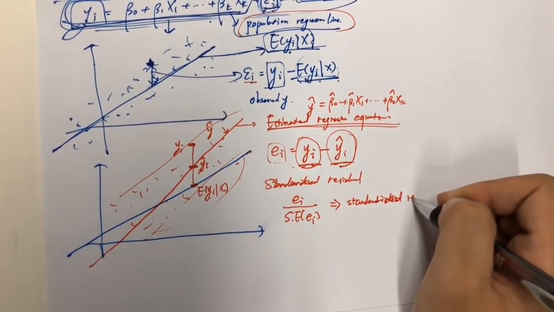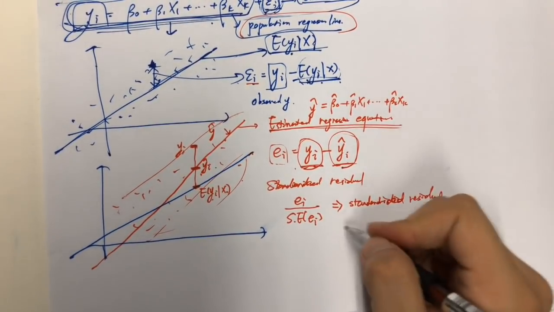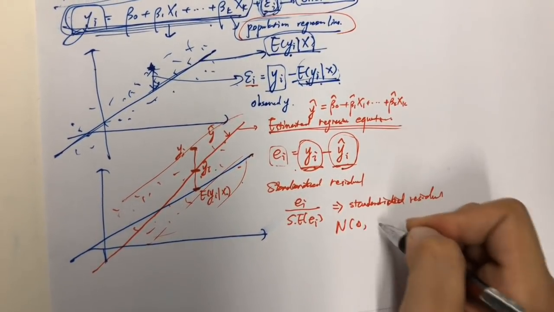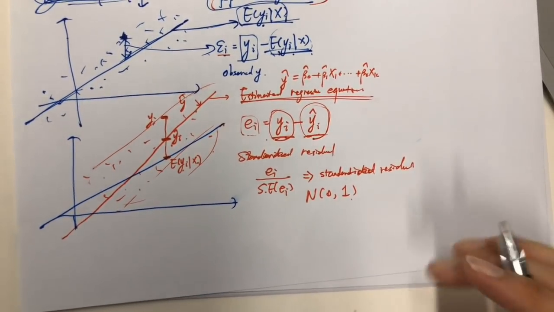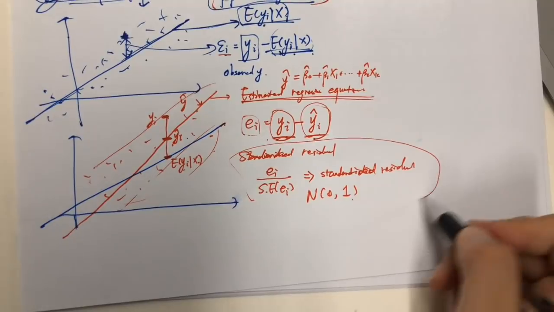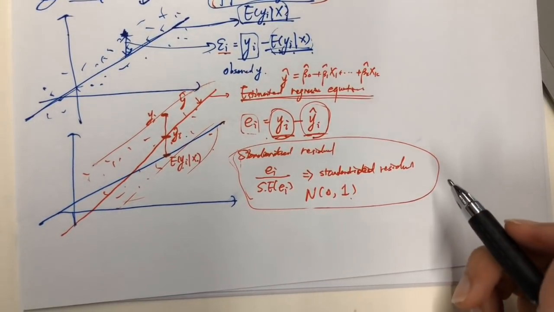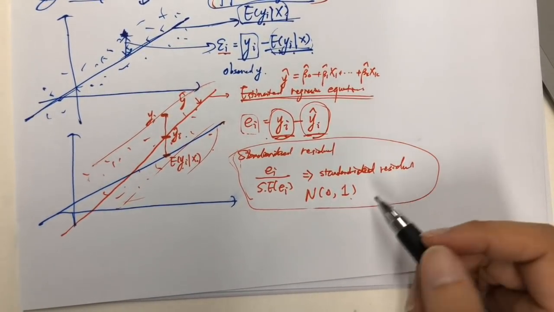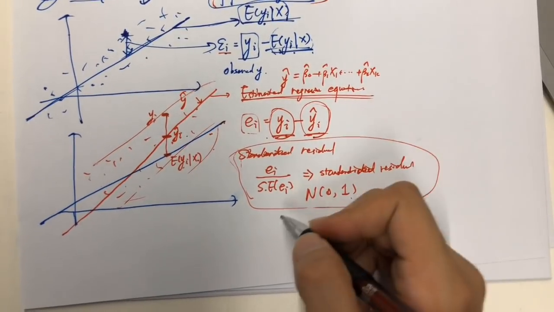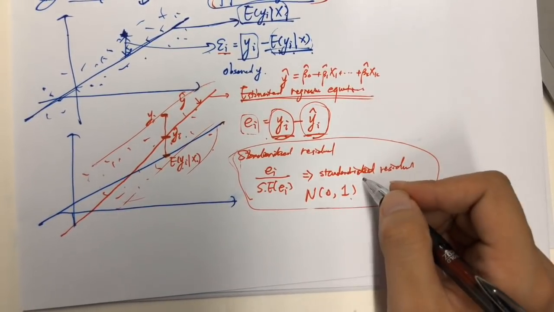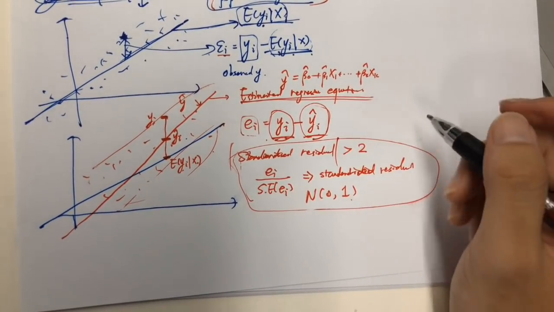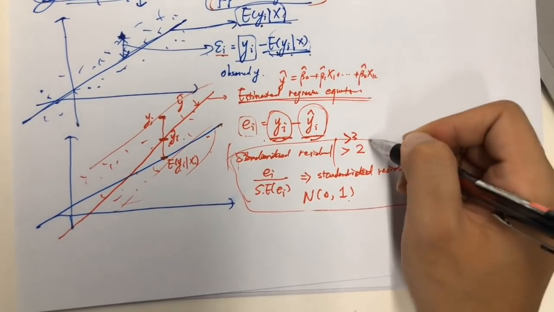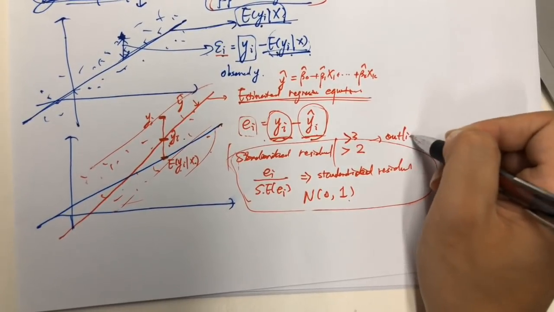This standardized residual usually follows a normal distribution with 0 mean and 1 variance. Therefore, we can use the standardized residual to see if any point is an outlier, okay? We usually believe that if the absolute value of a standardized residual is greater than 2 or greater than 3, it's an outlier, okay?